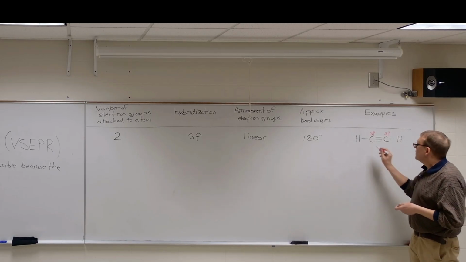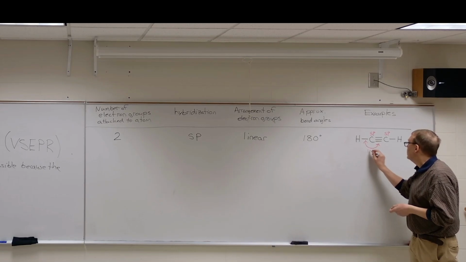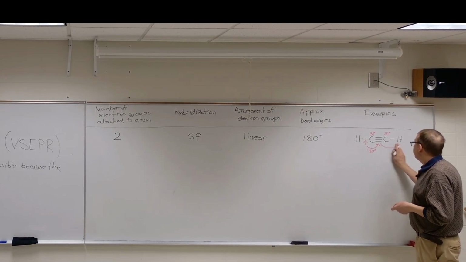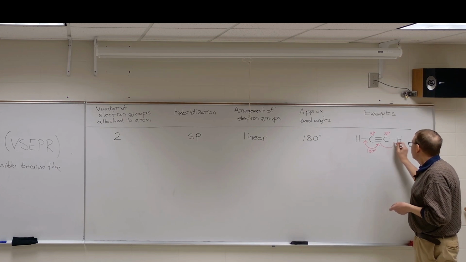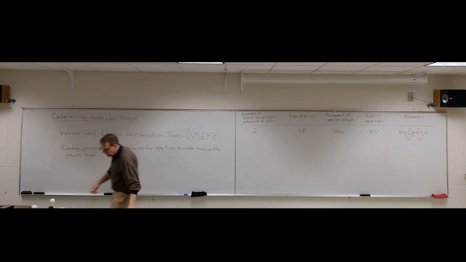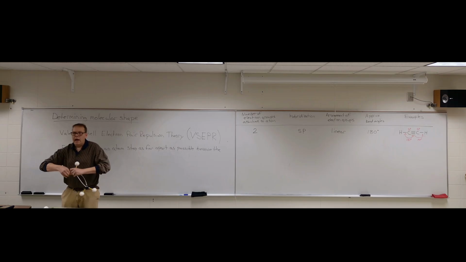And the bond angles here, like from here to here, that's 180 degrees. And that bond angle there is also 180 degrees. And if you wanted to see what this looks like using a model kit, what you could do is you could get your model kit out and make sure you're using carbon atoms that have 4 holes in them.